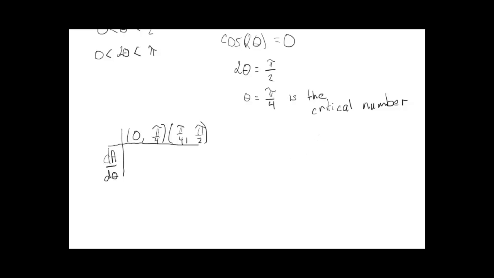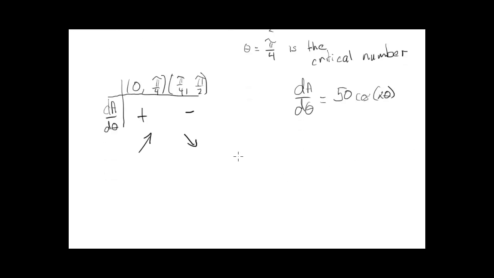Just to remind us, dA by d theta was 50 cosine 2 theta. So if you took a number between 0 and pi by 4, dA by d theta would be positive. Between pi by 4 and pi by 2, it would be negative. So we go from increasing to decreasing. So there is a maximum value.